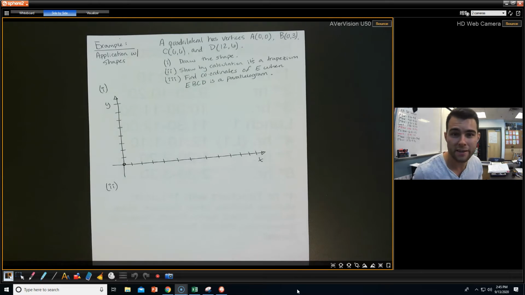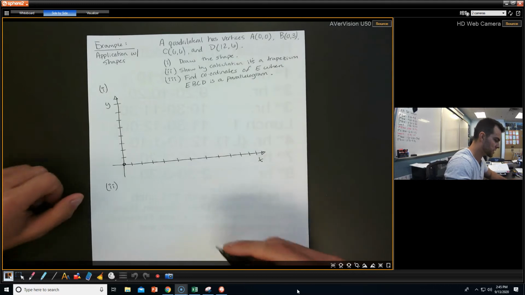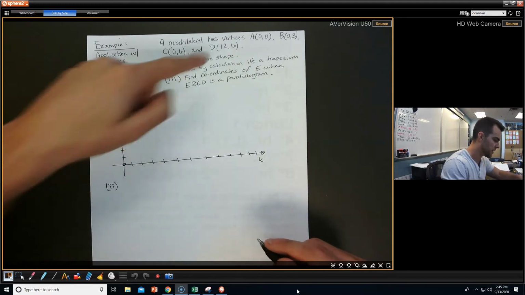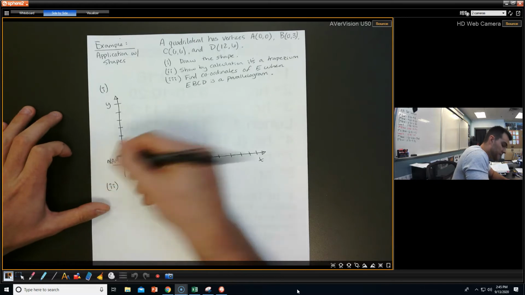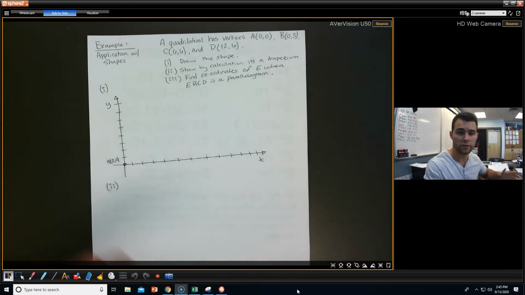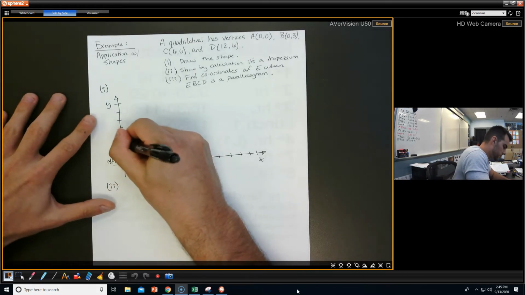This is the most trivial part. It's really just about seeing where these points are and labeling them. So I got my first one labeled at A(0,0), and it's a good idea to write it like that so you know which one you're talking about. Then we have B(0,3), which is right here.